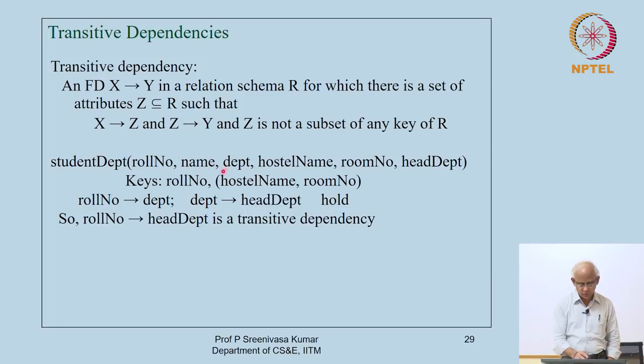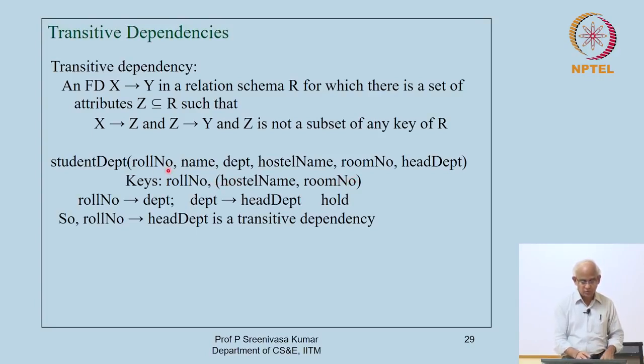So, here is an example where I slightly change the example. I have now brought in department and head of the department into the picture. Student department: roll number, name, department, hostel name, room number, head of the department. The keys are roll number and hostel name, room number, and the same assumptions hold good.